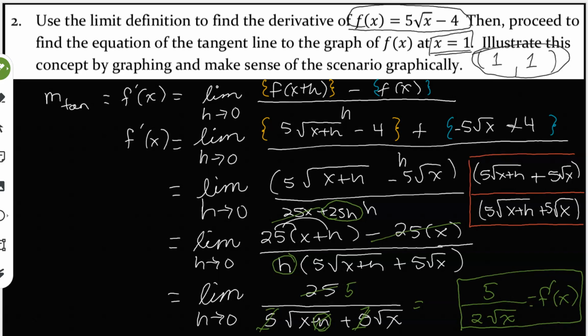Now, what does the derivative represent? The derivative is the slope of the tangent line, okay, at any given moment x. Well, what moment x are we looking at? Let's just go ahead and review what we have so far. We're looking at the function f of x is equal to 5 square root of x minus 4.